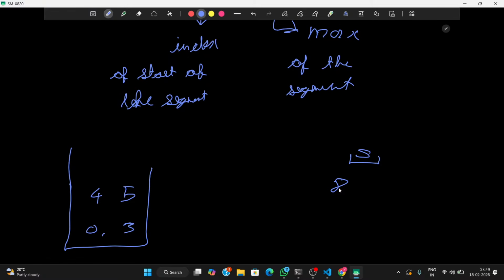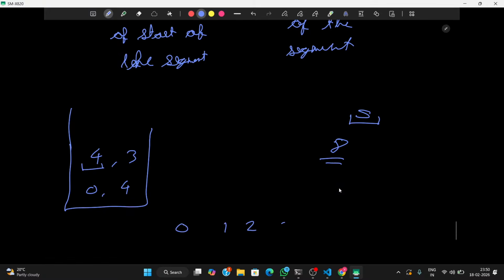If we cannot add 5, let's say this was 4, comma 3 only, and this was 0, comma 4. Let's say this was the case and now a 5 comes at index 8. There are the indexes of the array, 0, 1, 2, 3, 4, 5, 6, 7, 8, and there are some values also.